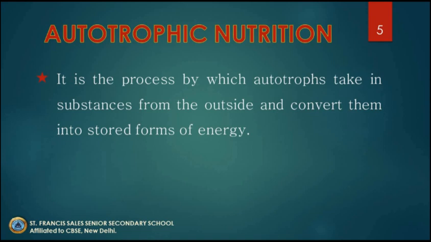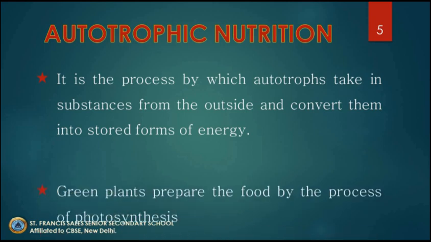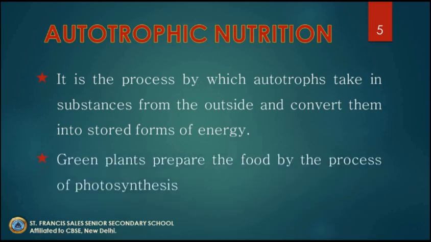Even though the energy need of autotrophic organisms is very less, they still prepare the food by the process of photosynthesis. A typical example is green plants. You already know there are mainly 3 steps in photosynthesis, and you are familiar with the equation.